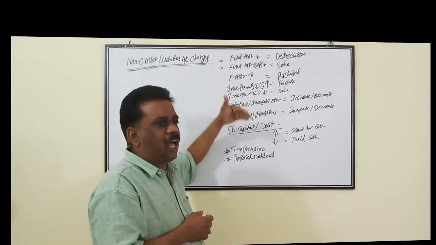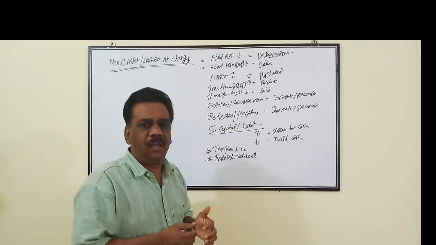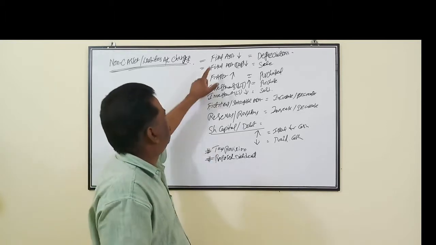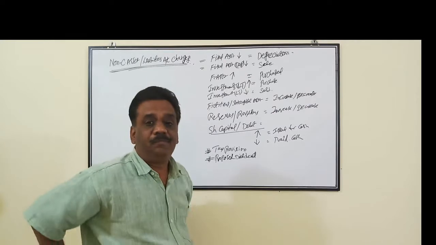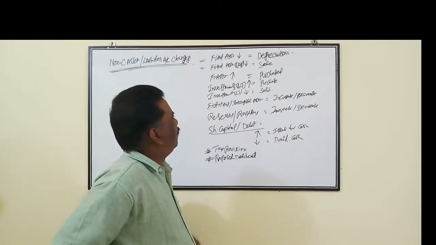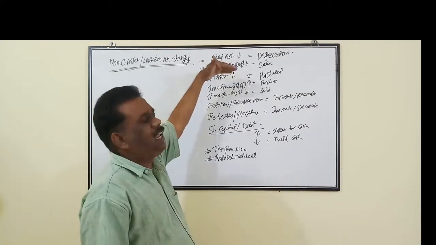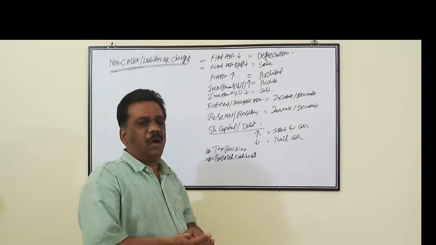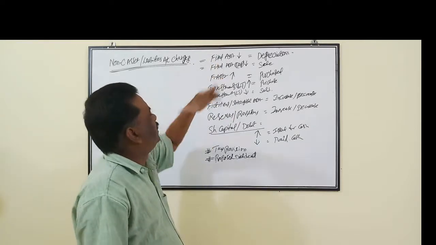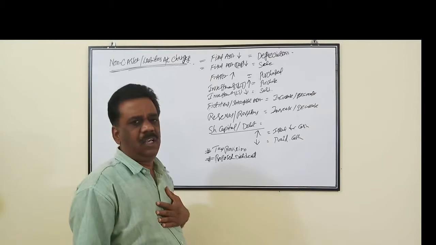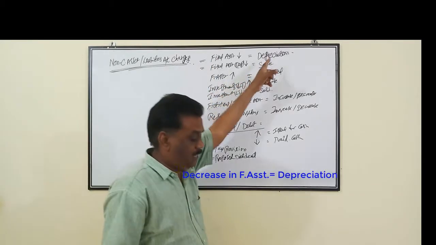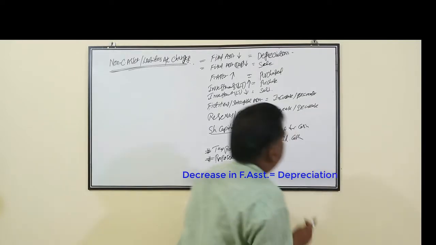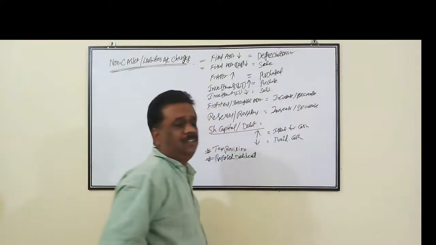So, what are the items normally occurring in our way? The first one is the asset side, fixed assets. There are three changes we can come across. One is fixed asset decrease. Without any information, a decrease in fixed assets is always depreciation.